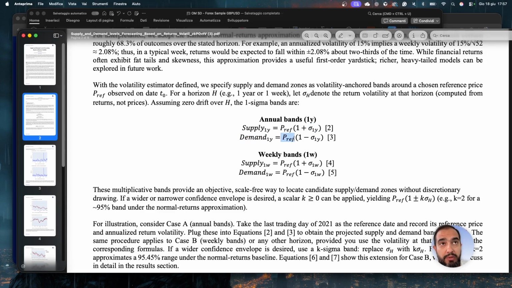So you see, what we are doing is taking the volatility of the returns, then using it to project that volatility into the price, and then making the price projection for the future. I'm not predicting the price.